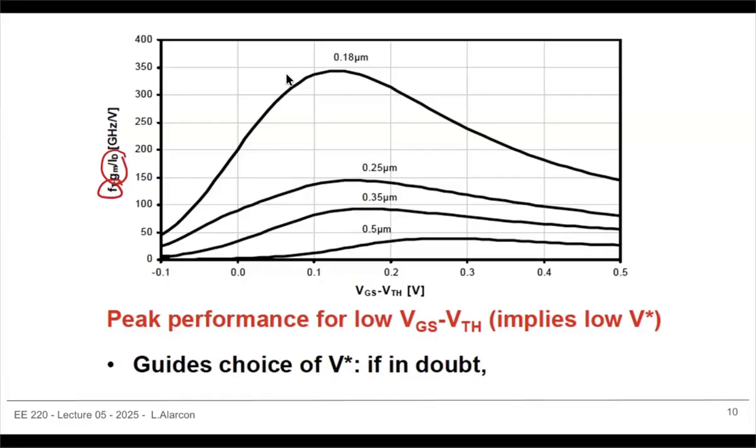Then maybe I can just initially use this and say it peaks at something like 100 millivolts of V star, and that's fine. So that's normally where we, especially in our previous design example, said 200 millivolts is normally a good initial guess, just because somewhere here it's a good trade-off between efficiency and speed.